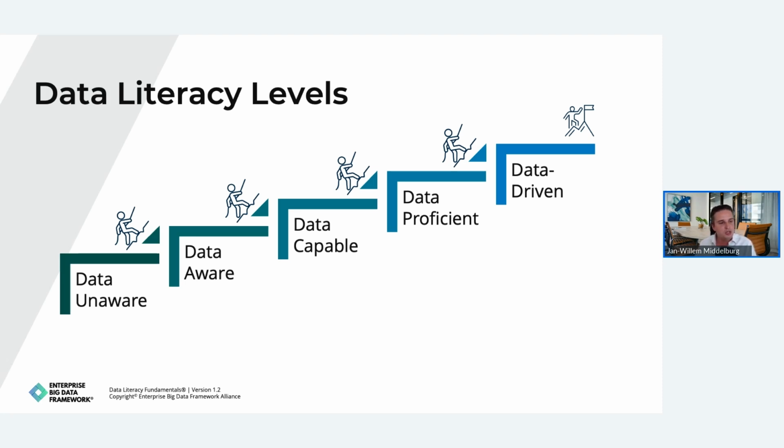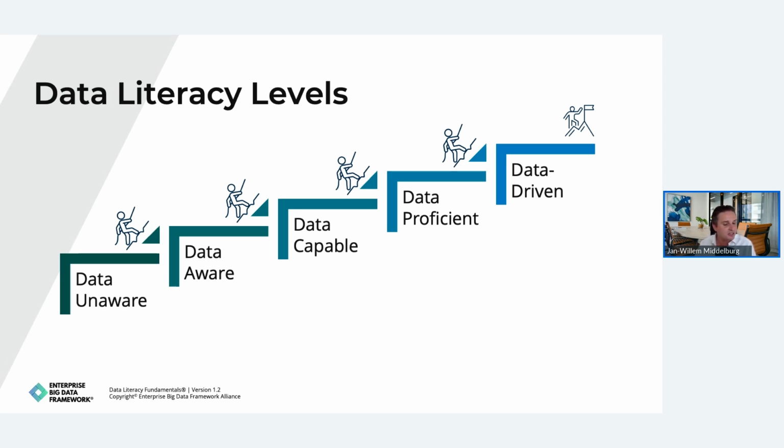And the reason that I'm always showing this slide is that it's not a one-step journey. It's not that you can say, hey, we're sending all of our teams to a data literacy training and then we will be a data-driven organization. It's a step-by-step journey in which multiple initiatives need to be taken at the same time. Organizations that are at a specific level can, in my experience, grow with one step every 6 months.